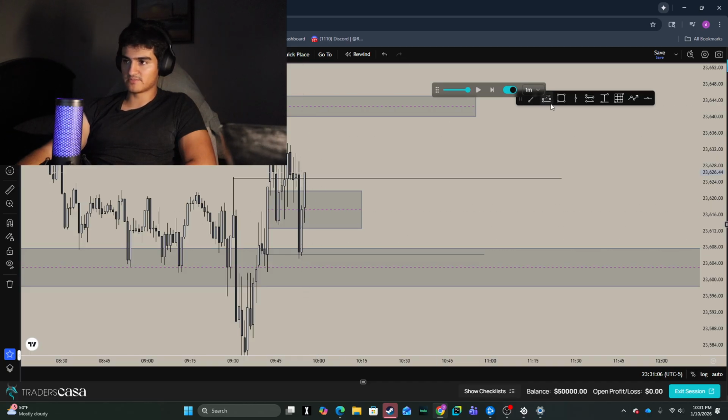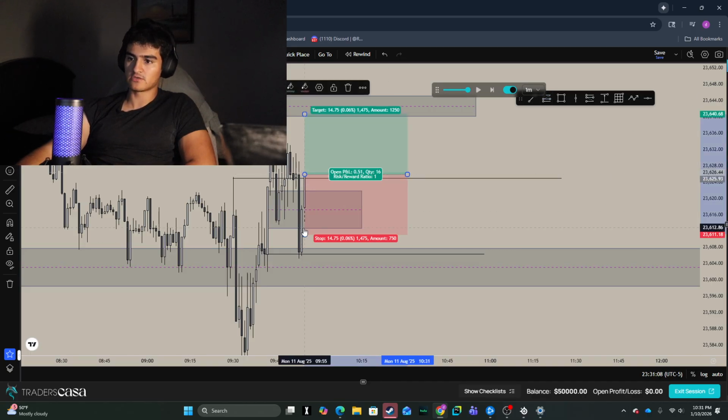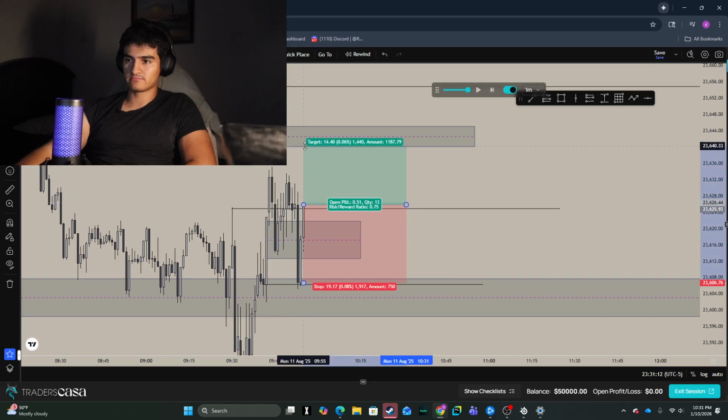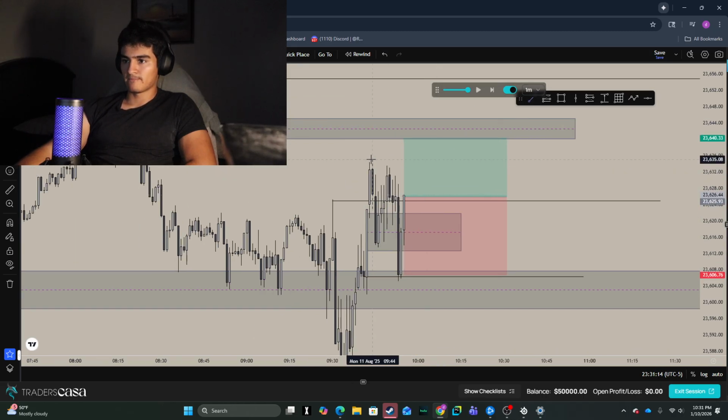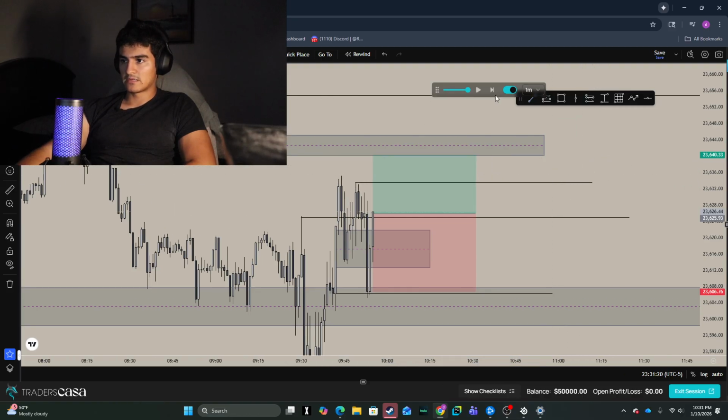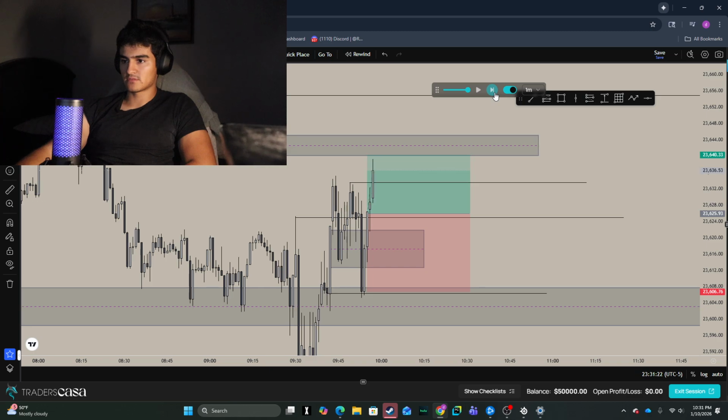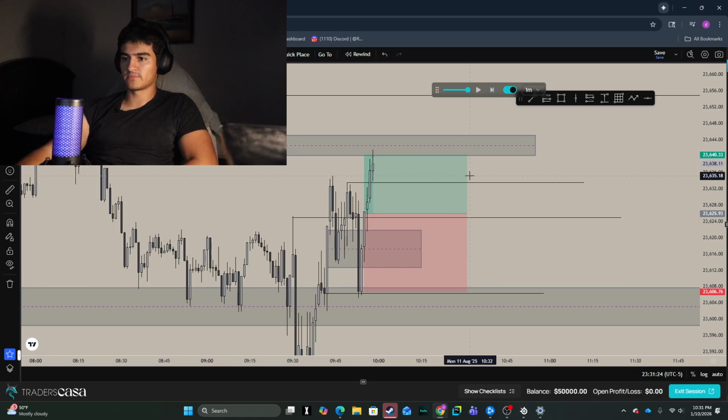Nice displacement up, so I would take this long again and just risk 19 for 14. Break even. Let me go break even on this high right there. Let's see. And boom, TP would have been hit, and we are inside now this bearish gap.